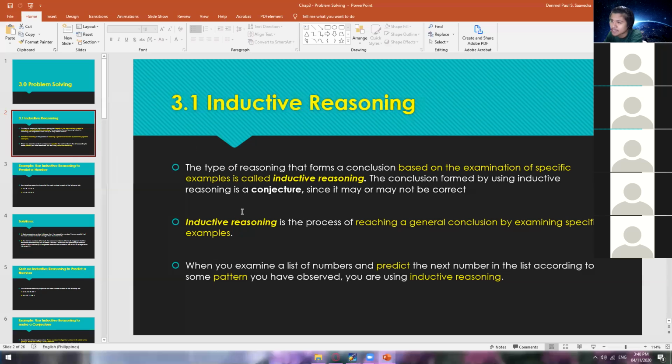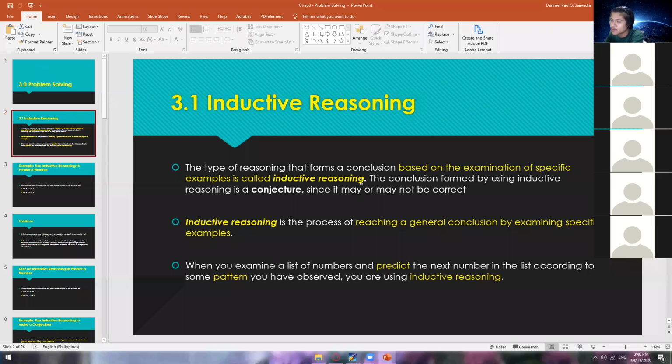So what is inductive reasoning? Inductive reasoning is a form of conclusion based on the examination of specific examples. You're basing it on a certain or a specific example.